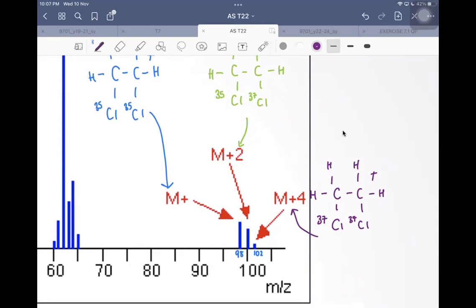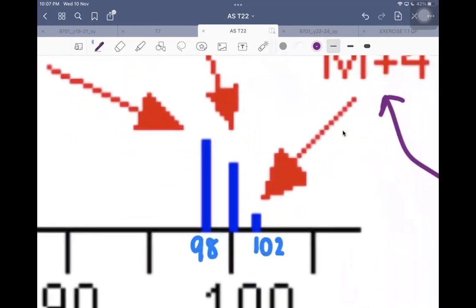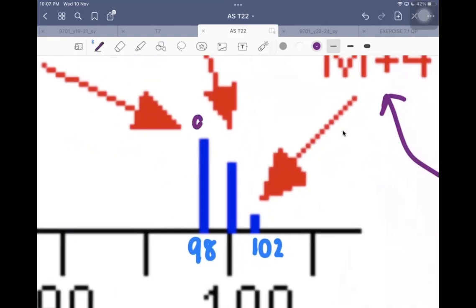Now, as I mentioned earlier, when you have two chlorine atoms, the ratio of the relative abundance is different from when you have only one chlorine atom. With one chlorine atom, you have a ratio of 3:1, as we have seen earlier. Since we have two atoms in this molecule, it is 9:6:1, following the ratio as if you had Cl2 molecules.